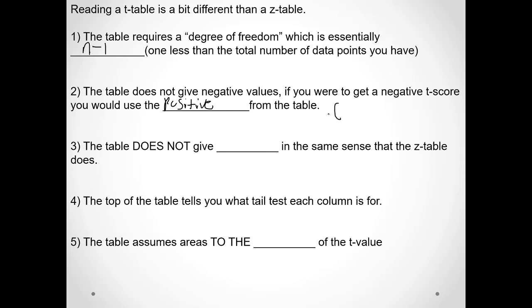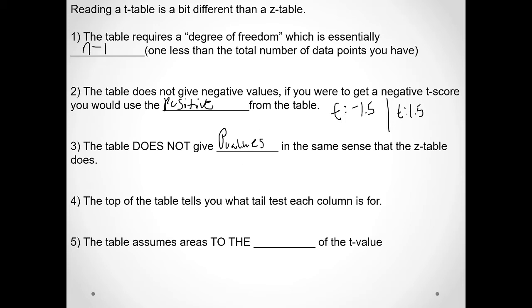So if you get a t-score of negative 1.5, then on the table, you're going to look up a t-score of positive 1.5. And because it's symmetric, you'll get the same area behind the curve anyway. So it's okay to look up the positive versions even though they're not listed, or even though you might get a negative answer. The table does not give p-values in the same sense that the z-table does.